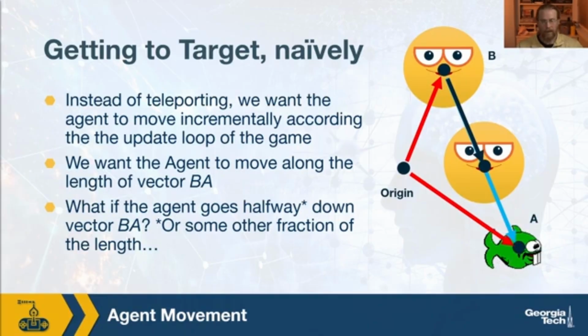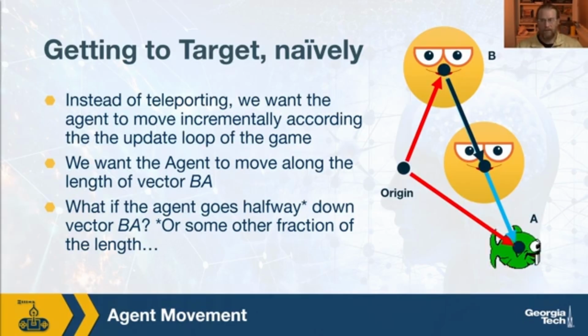So one thing that we might do is say, well, all right, we've got vector BA. What if instead of going the full length of BA, we go some fraction of it, like maybe halfway down the vector? So we perhaps could just divide the two coefficients in half and then add that to our B location. So that'd move the agent halfway down.